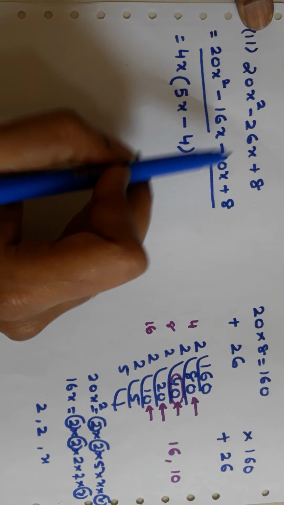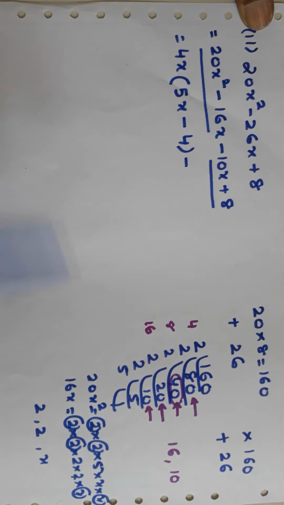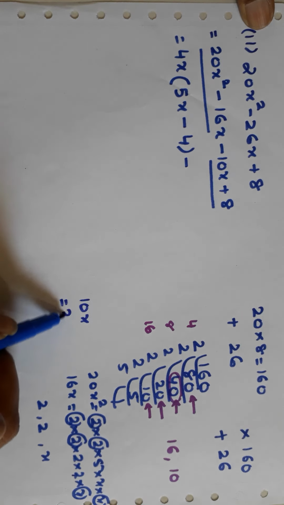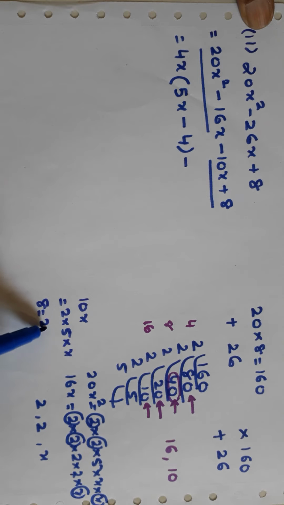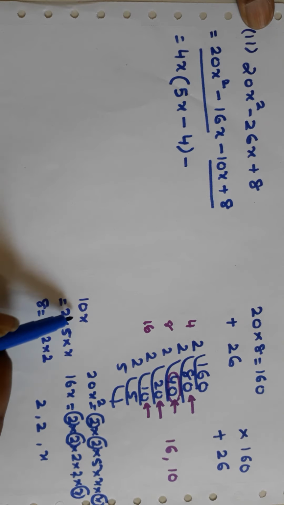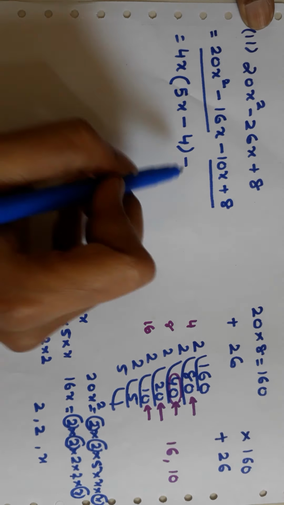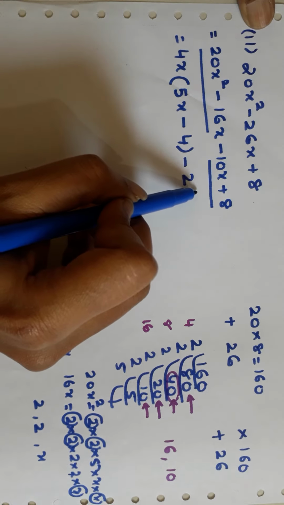Complete the bracket. Now here we have a minus sign, so you will take minus also common. 10x is 2 into 5 into x. 8 is 2 into 2 into 2. 2 is common, only 2 is common. So take 2 outside along with minus sign.